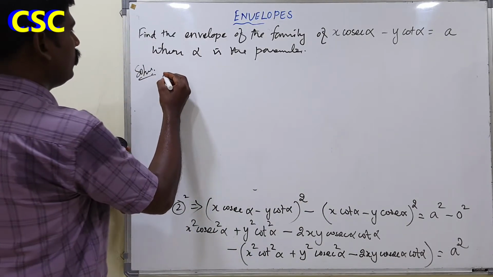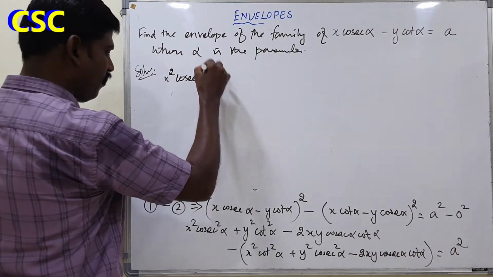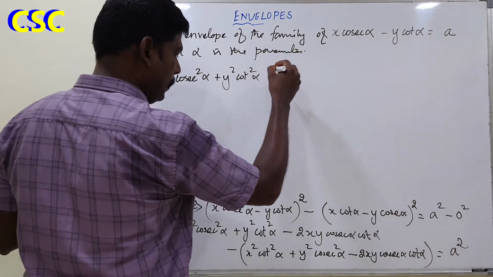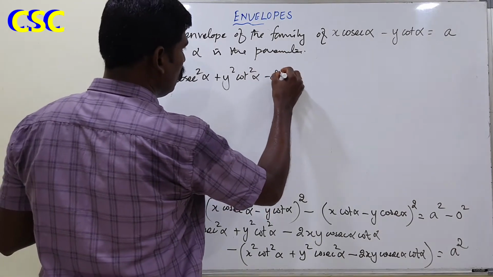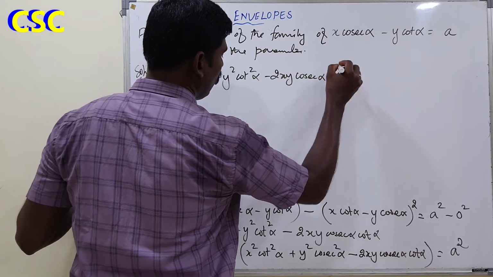What you will get? X square cosecant square alpha plus y square cot square alpha minus 2xy cosecant alpha cot alpha.